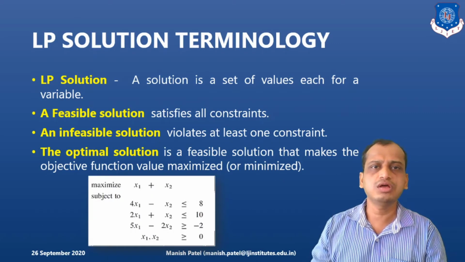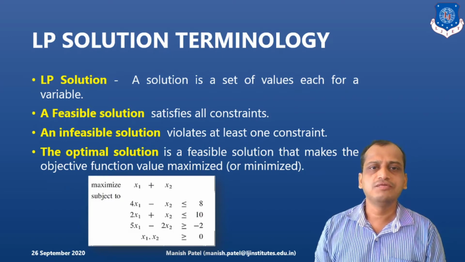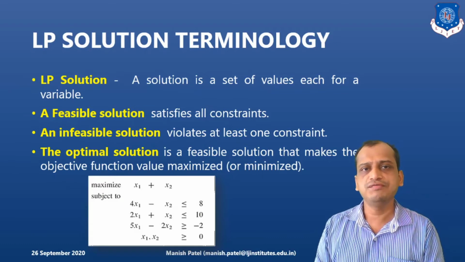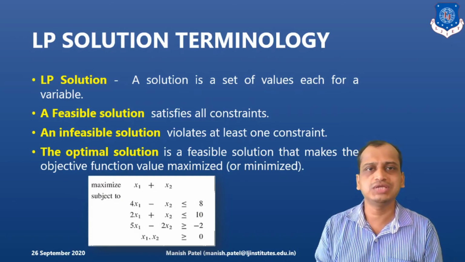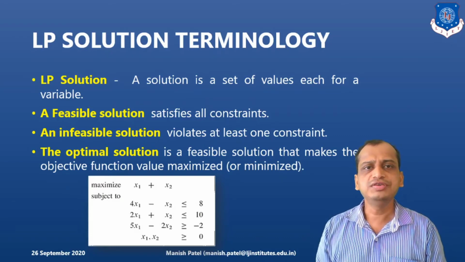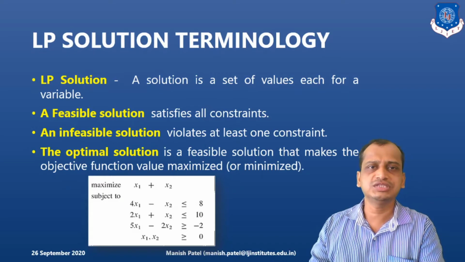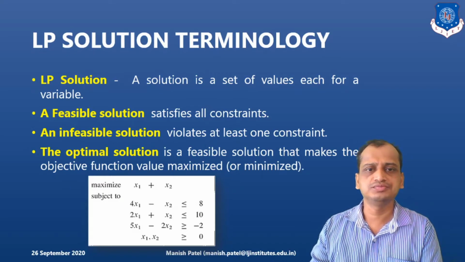Now let's look into the terminology of linear programming. First of all, the solution. Whatever solution we are getting is the set of values for the variables. Whatever values the variables assume at the end, that is nothing but the solution, right? A feasible solution is one which satisfies the constraints. Whatever constraints we have, when it satisfies these constraints, that is nothing but the feasible solution.